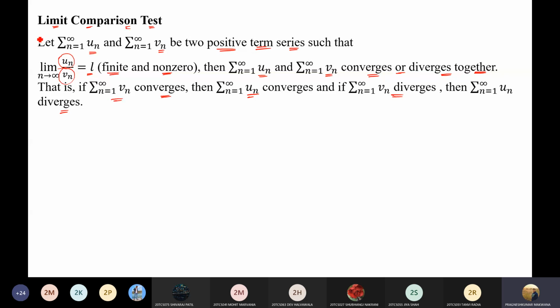So that is the limit comparison test. By using this test, we solve some examples. But before starting this example, the important thing is to choose this series Vn. So how can you choose this series Vn in the limit comparison test? Here you can see some notes.